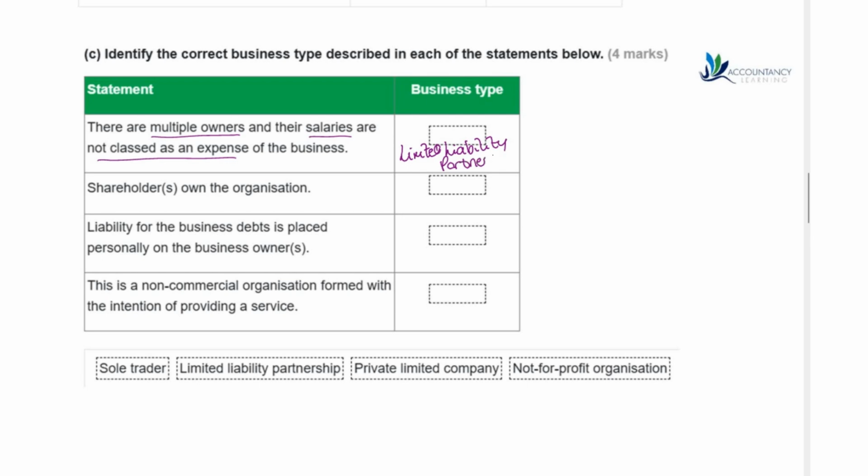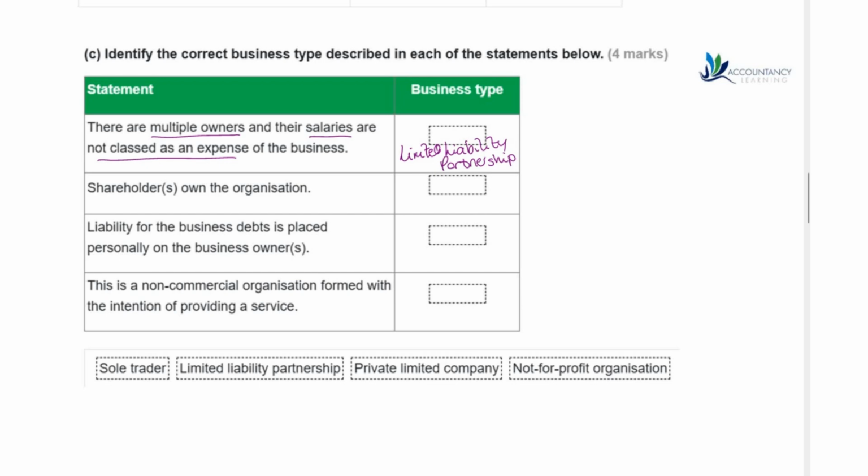So this is where you have two or more owners of a business. They are in a partnership, but their salaries go into their current accounts rather than being part of the business expense.